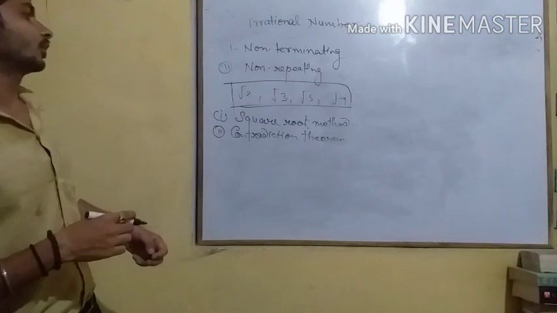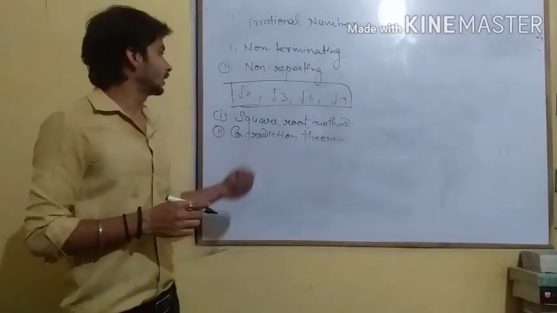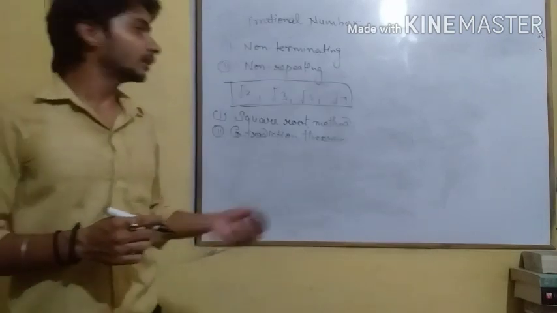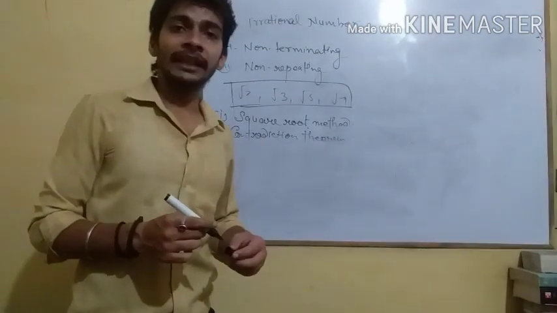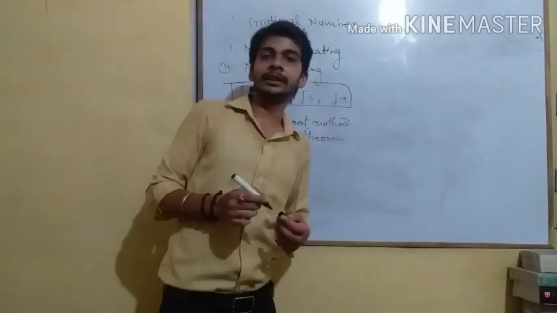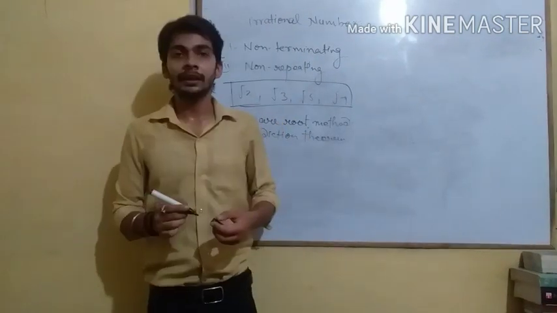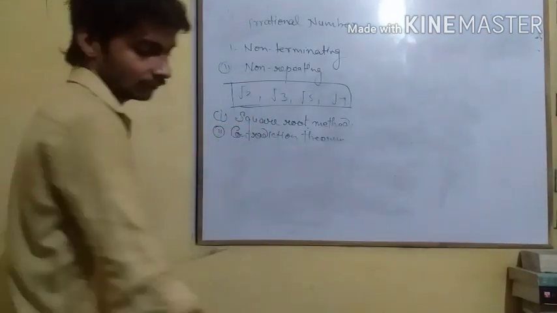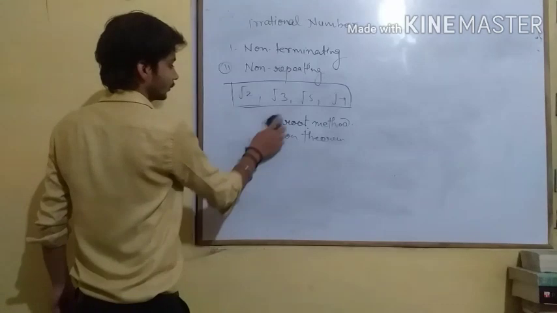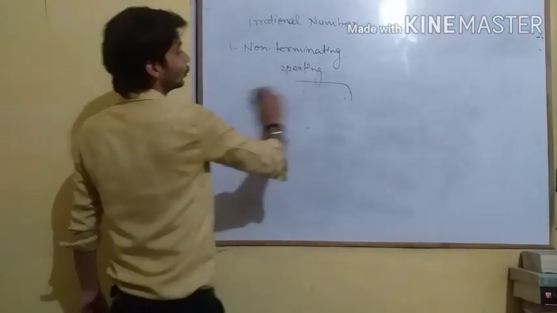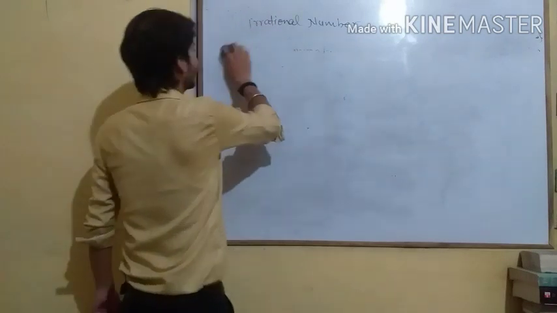By the contradiction theorem, we can prove these are irrational numbers, and by the square root method, we can prove that root 2 is an irrational number. By taking a square root, we can find that the numbers are non-terminating and non-repeating. So the first method is the square root method, to prove that root 2 and root 3 are irrational numbers.